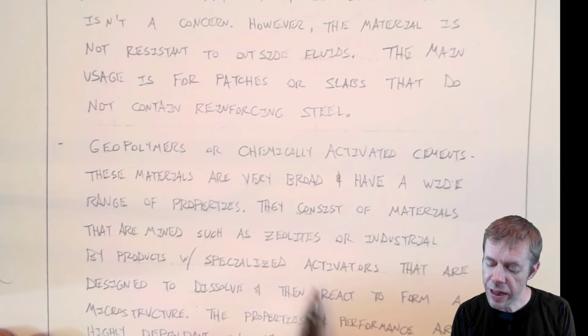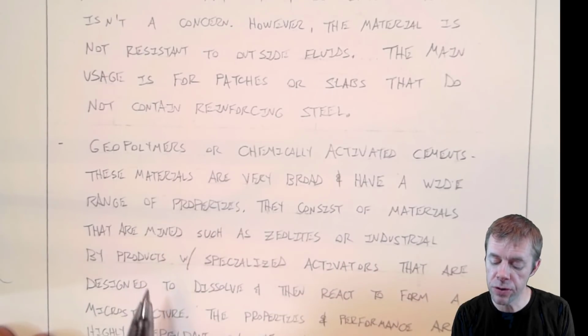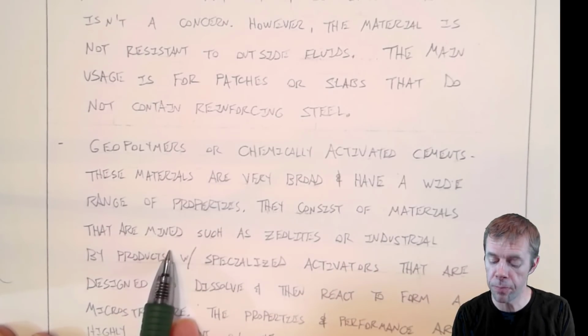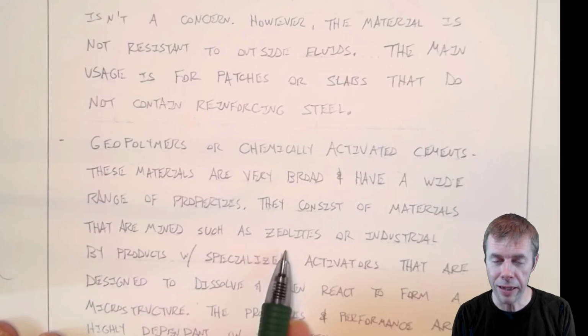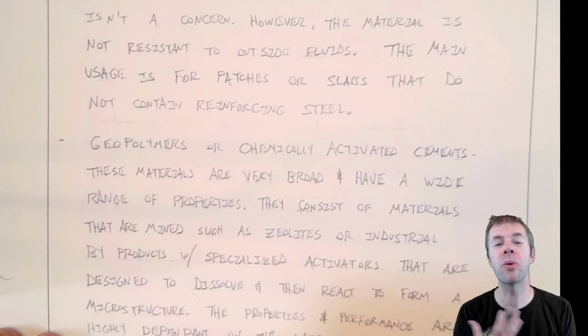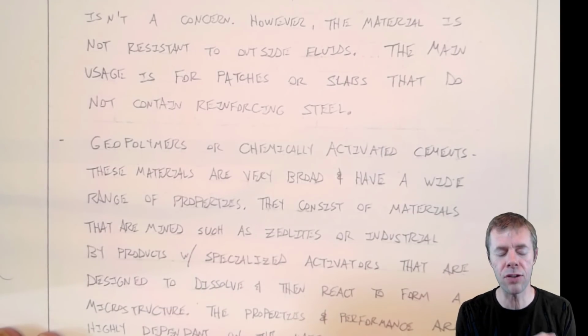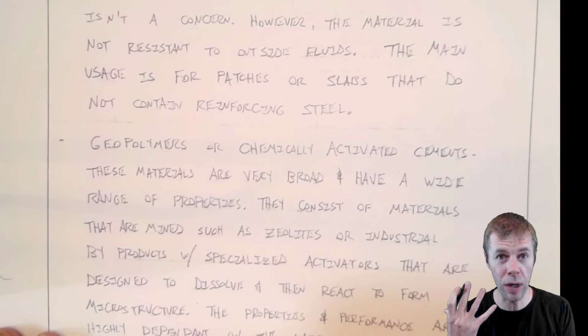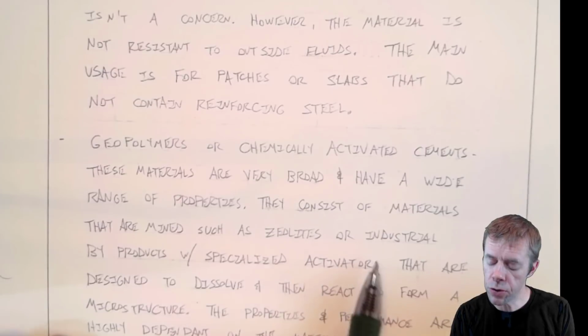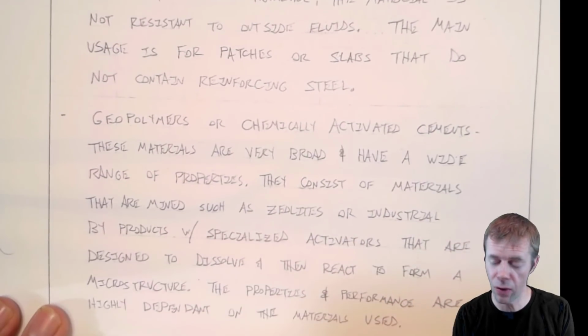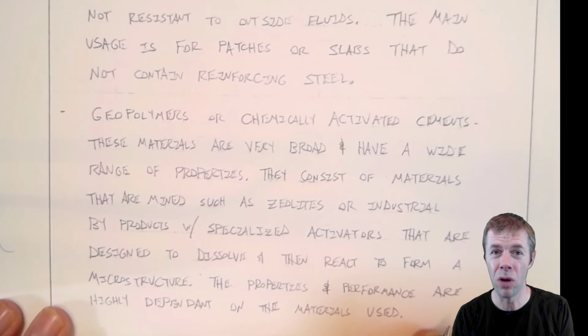For example, if they consist of materials that are mined, that come out of the ground, that are pretty pure, like zeolites, then they can actually make a pretty consistent material. This is like taking something out of the ground and adding another chemical to activate it and make it react. But if they're using industrial byproducts like fly ashes or slags, those are more variable and harder to get right.